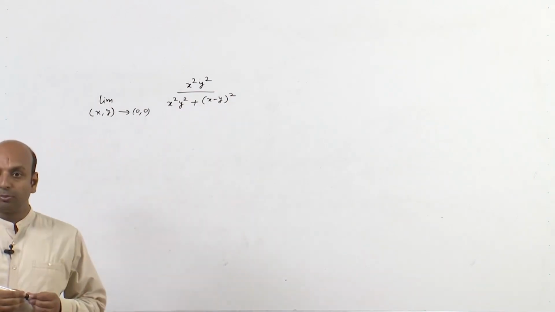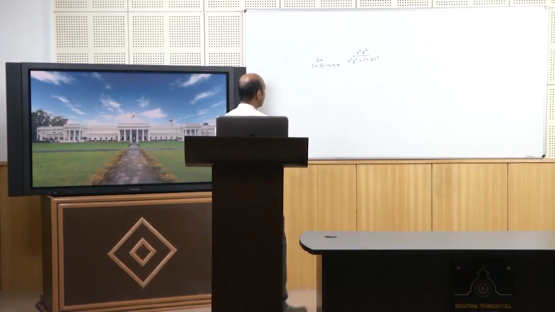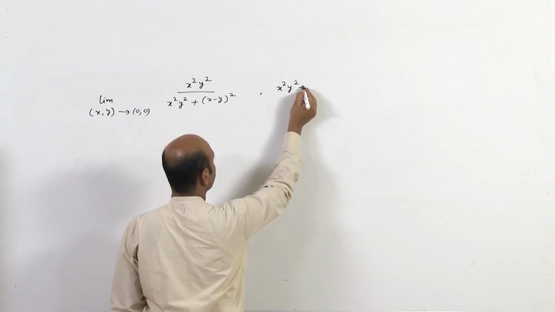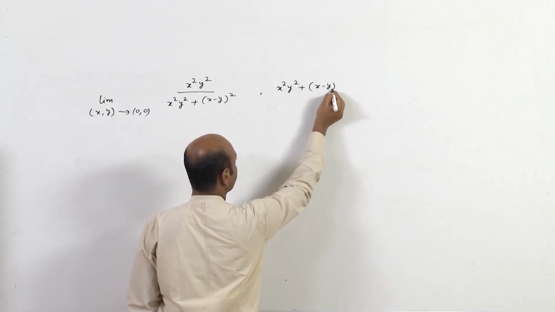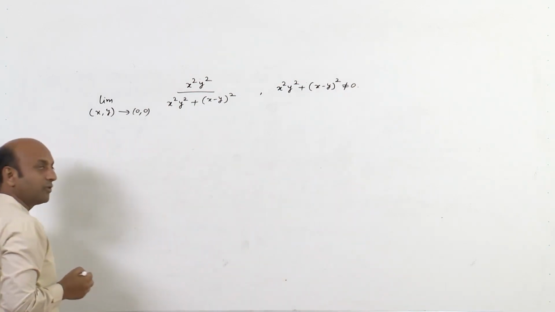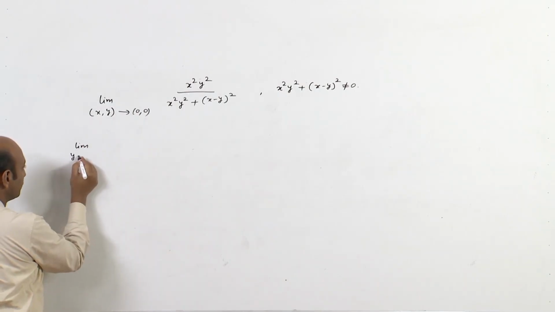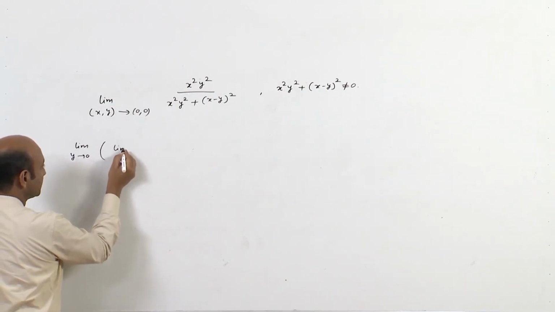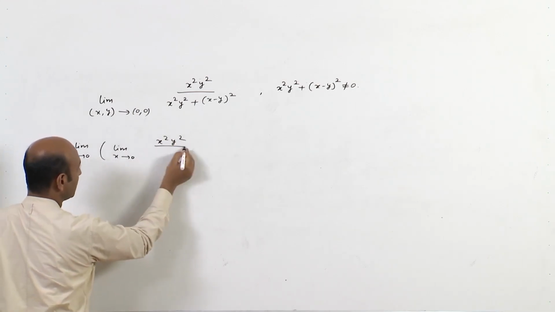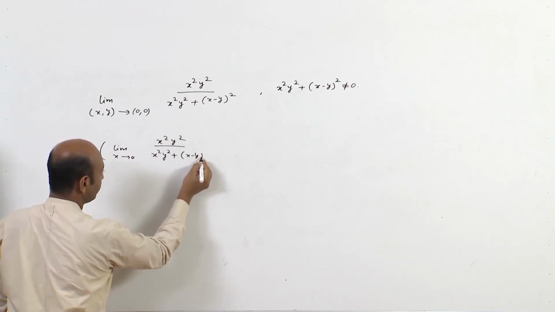Now, the problem is to find the double limit and the iterated limits if they exist, provided the denominator is not equal to 0. Now, first you find the iterated limits. So, you take limit y tending to 0, limit x tending to 0 of f x y, which is x square y square upon x square y square plus x minus y whole square.